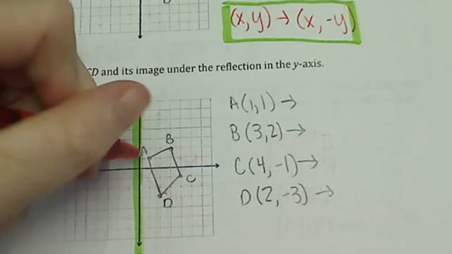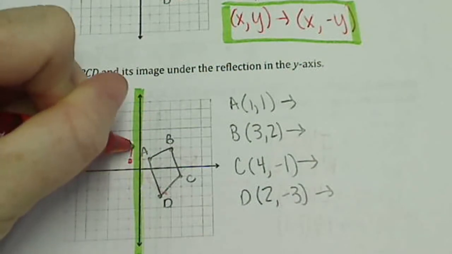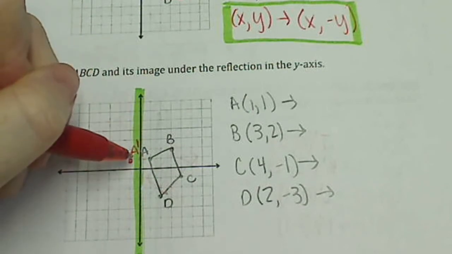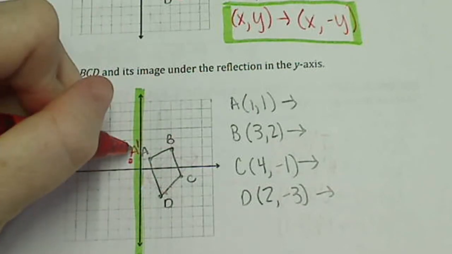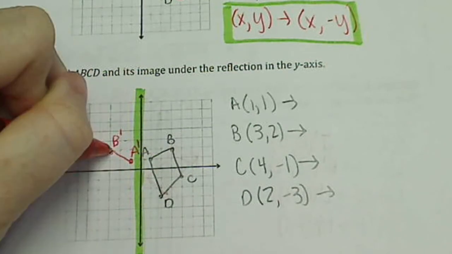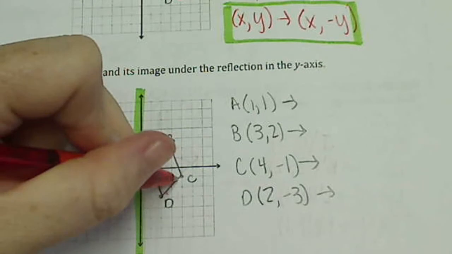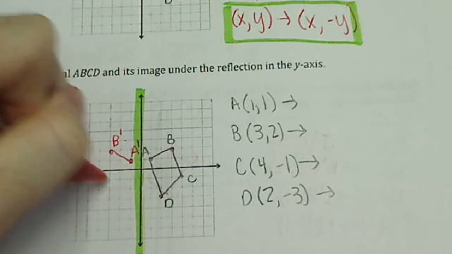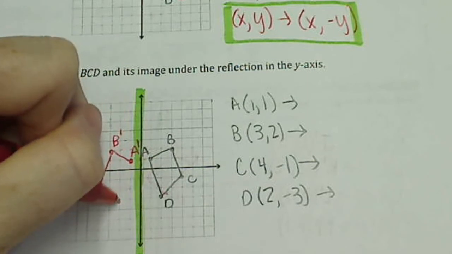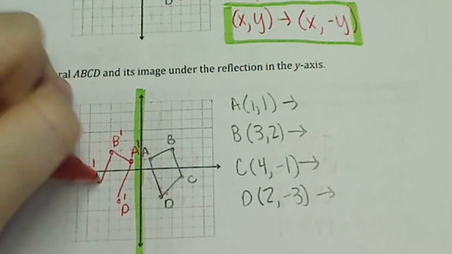So if point A is 1 unit away from the y-axis, A prime is 1 unit away. B is 3 units, so 1, 2, 3 units to the left. C is 4, so 1, 2, 3, 4 units. D is 2.